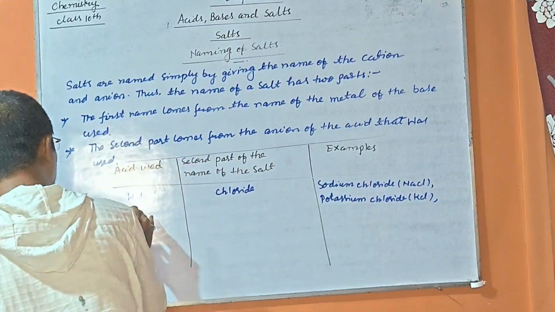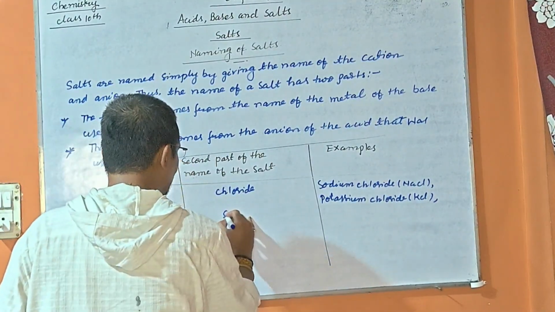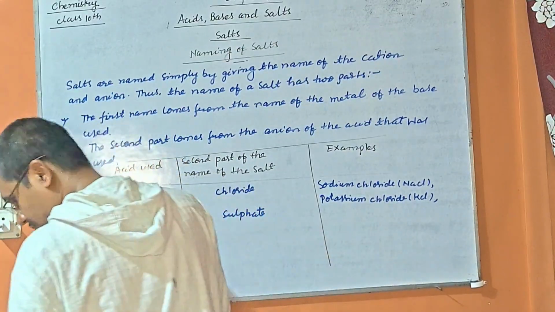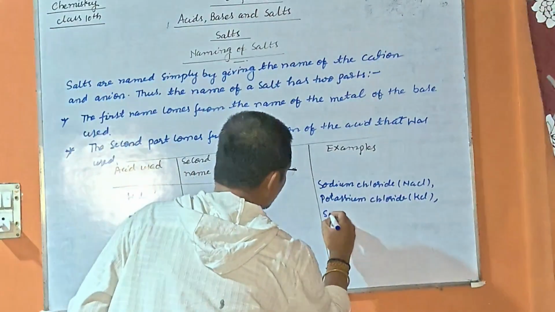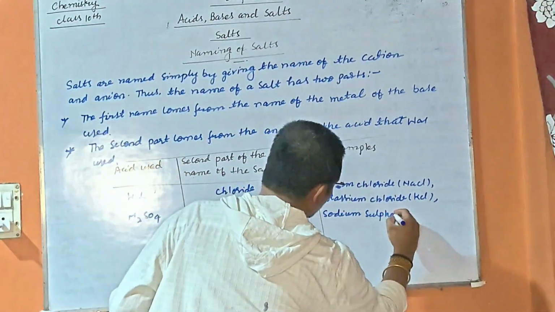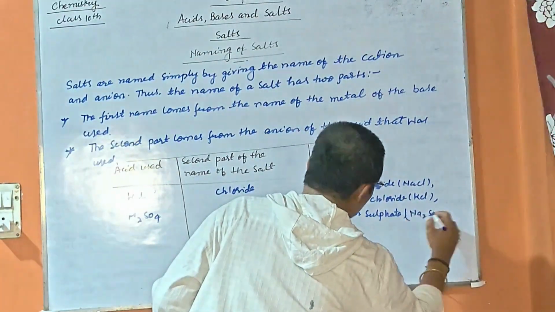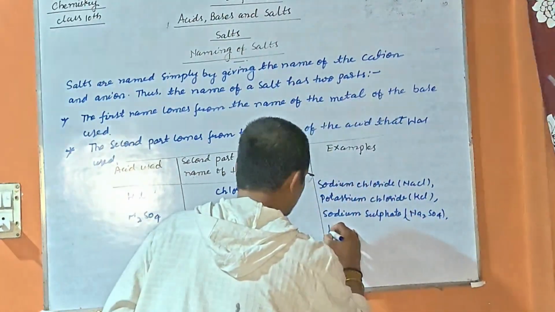Next is H2SO4, the acid used. We say sulfate is used, so we get sodium sulfate, Na2SO4, and magnesium sulfate, MgSO4.